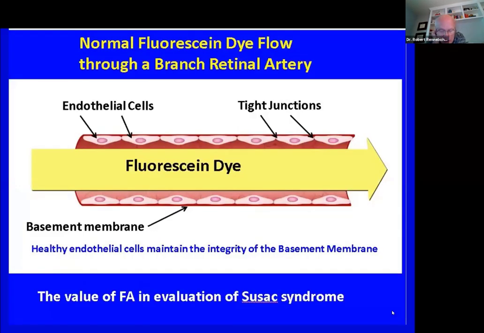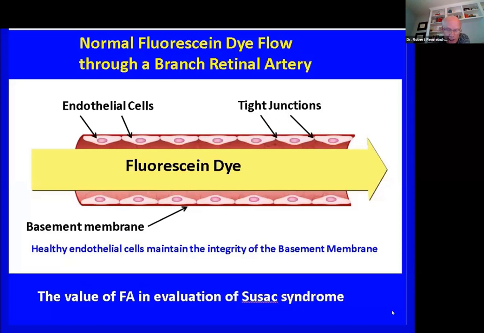These next several slides demonstrate the value of fluorescein angiography in helping us to diagnose as well as follow and understand what is occurring in Susac syndrome. This is a normal retinal arteriole.